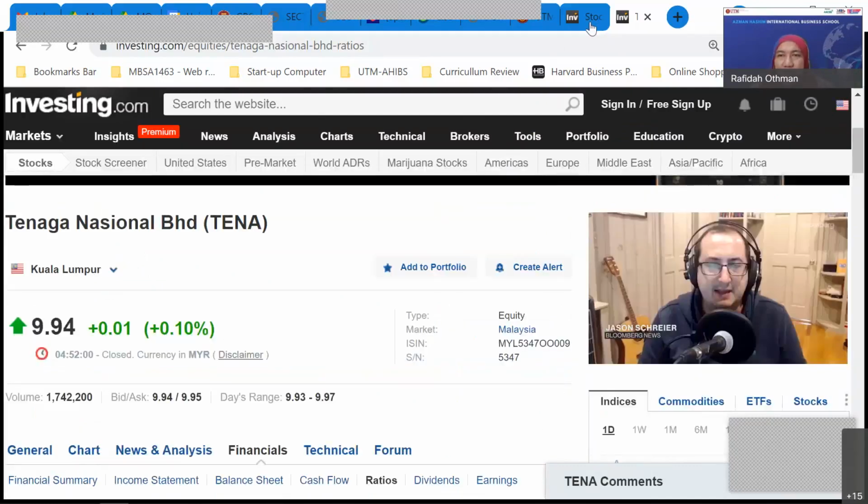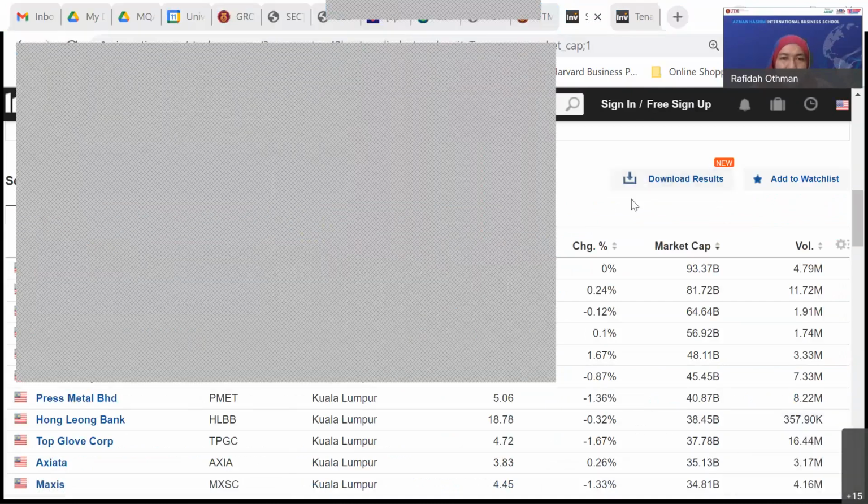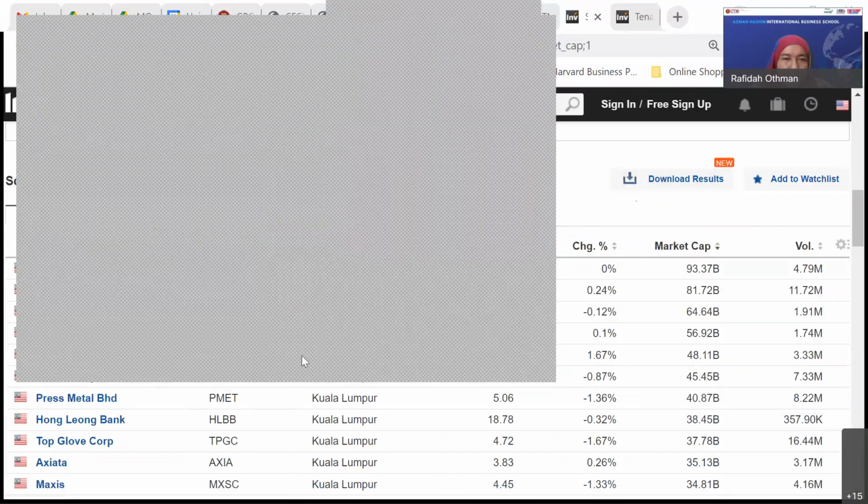Any stock in particular you want to see? Anything? Nurul? Said Rodizan? Either your company? No, I can see Petronas Dagangan.